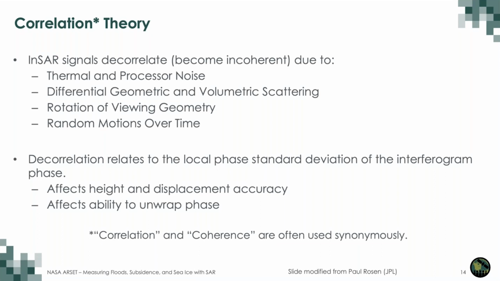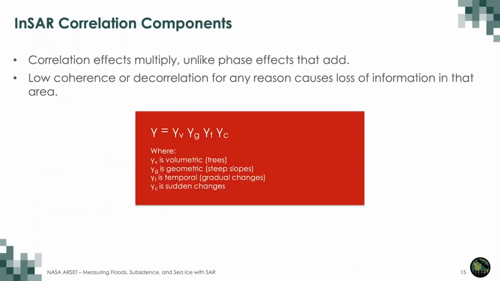That is the key source of noise for SAR interferometry, and one of the things that we try to estimate in the analysis to have a better idea of what the quality is of the final measurements, because this correlation directly affects the height and displacement accuracy. And if the correlation is very low, then it affects the ability to unwrap the phase correctly.